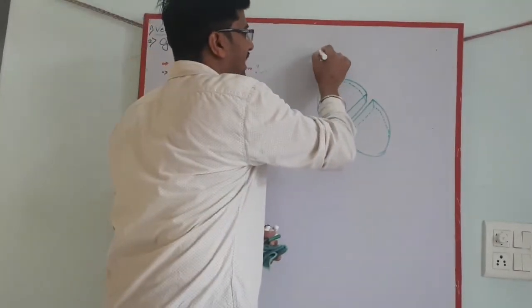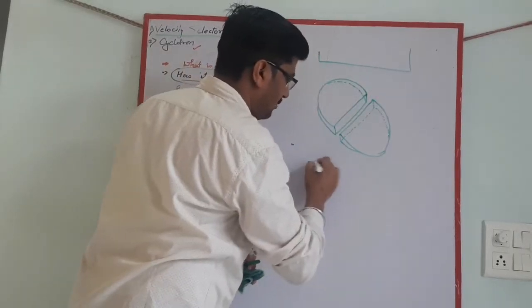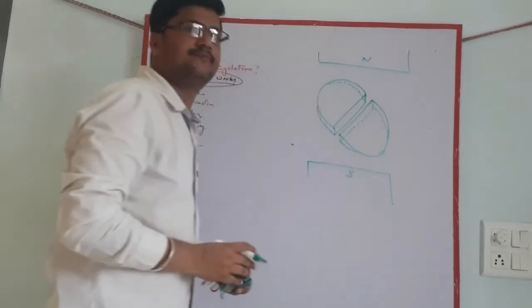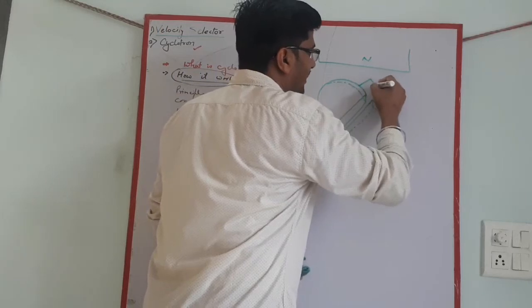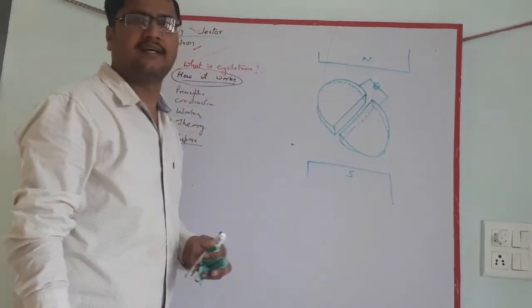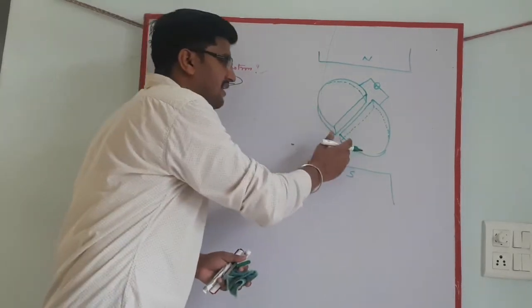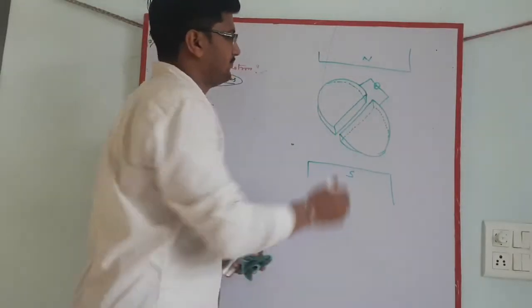These cylinders are placed perpendicular to the magnetic field, strong magnetic field. And these cylinders are connected with a high frequency oscillator, that means alternating source of EMF, to provide the positive and negative polarity to the Ds or discs.